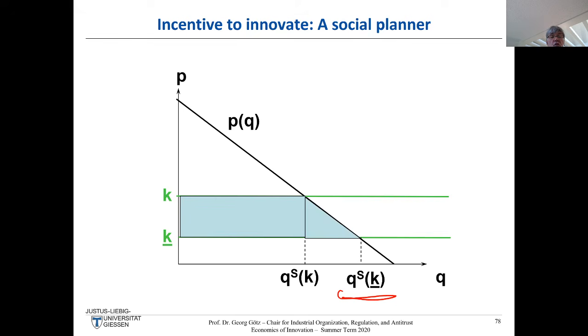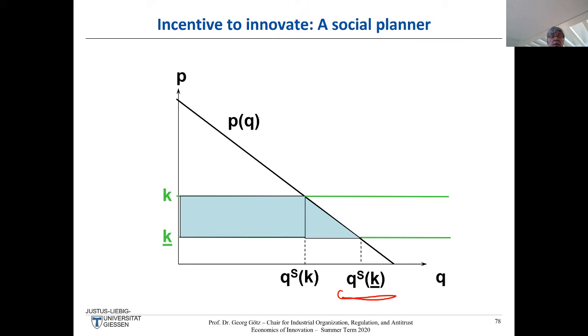Then the social planner would implement this innovation, but the firm under Bertrand would not. So in that sense, you could get insufficient investments. This is an argument often put forward for R&D subsidies, because you cannot appropriate all consumer surplus.